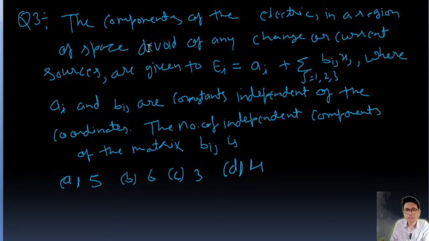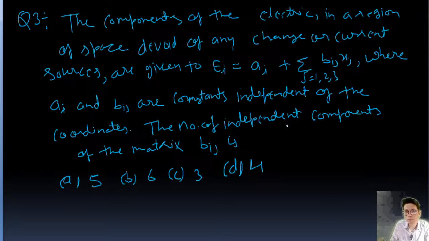The components of the electric field in a region of space devoid of any charge or current sources, which means there is no charge and no current source available, are given by Ei equal to Ai plus sigma j equal to 1 to 3 Bij xj, where Ai and Bij are constants independent of coordinates.